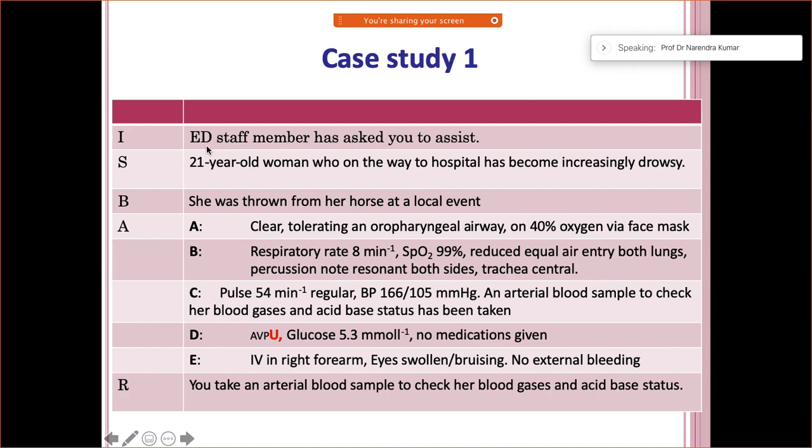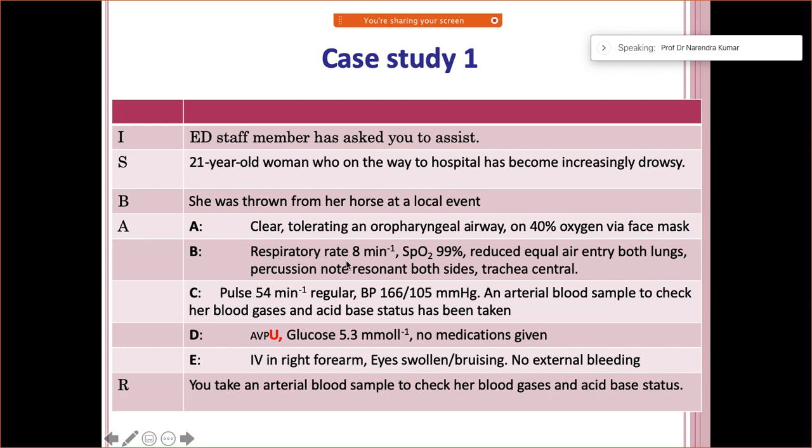So you are called up by the staff. There's one 21-year-old woman on the way who is becoming drowsy, in fact. The lady was thrown off her horse at a local event. So what are the things that should be done? A, B, C, D, E. The airway clearing was done, and the patient is able to tolerate an oropharyngeal airway. 40% oxygen is being given.